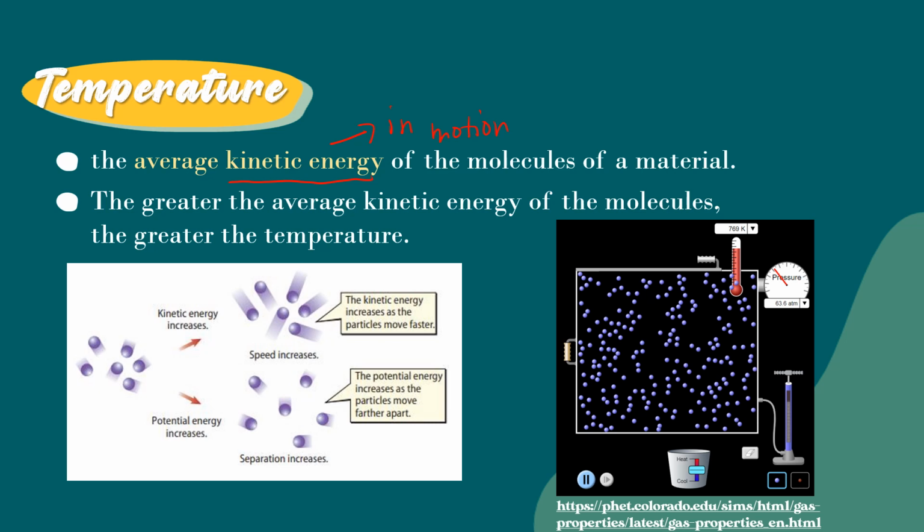If you consider a box containing particles, and these particles move rapidly, we can say that the particles in the object have a high kinetic energy, and in turn, the material has a high temperature. Now we will explore this relationship further through a simulation known as the PhET simulation, the properties of gases.